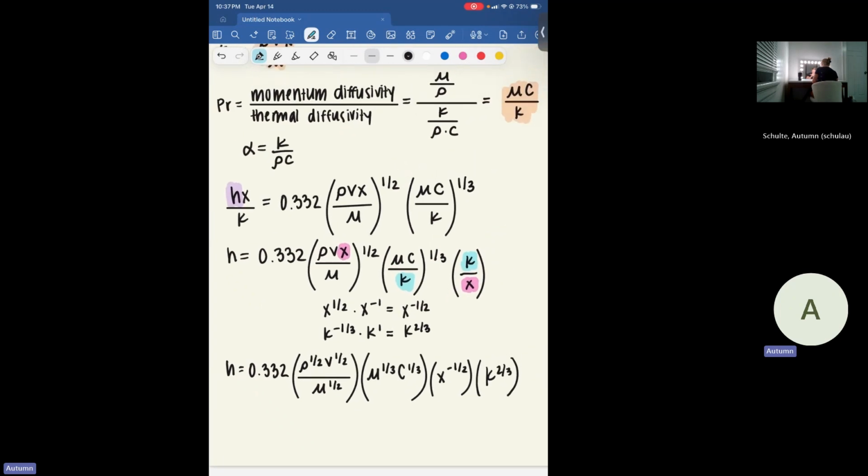Now looking at this, you'll notice that one thing that has a major impact on our heat transfer coefficient and our overall heat transfer is this length here. Because as you can see, if you were to increase this length of our plate, or our x, we actually decrease our heat transfer because of that negative exponent.